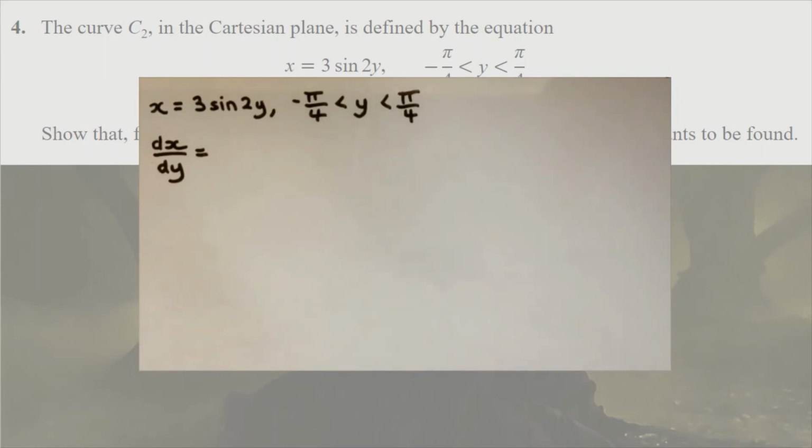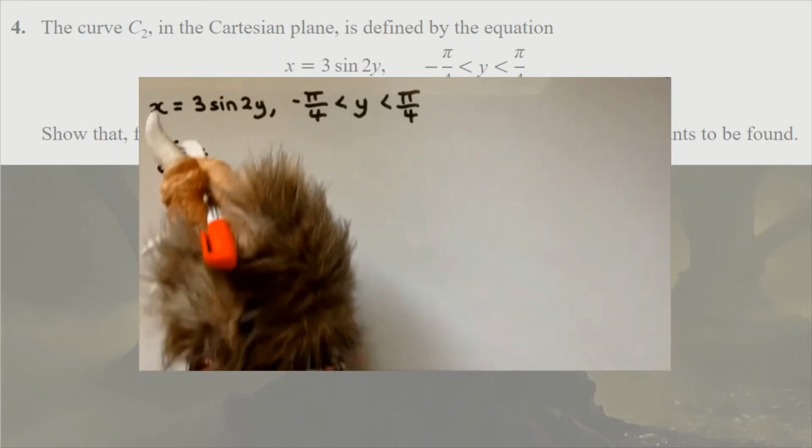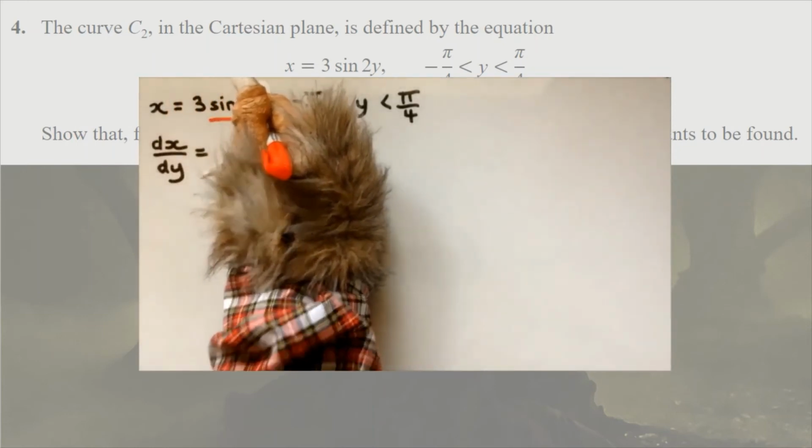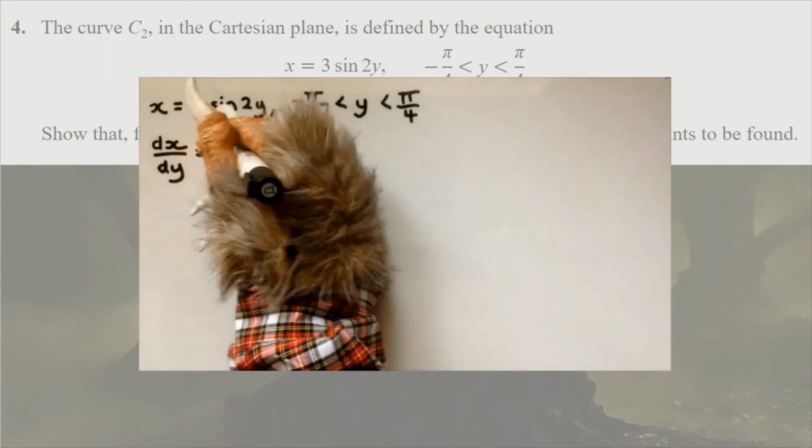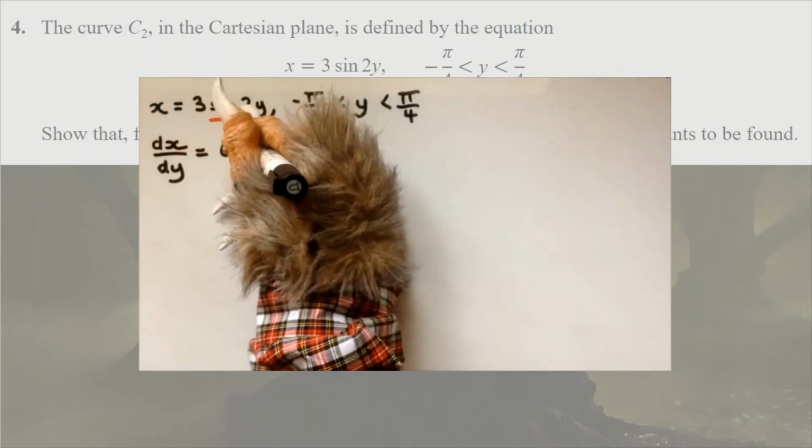Alright, so if we differentiate sine of 2y, which we have here, this is going to give us 2 cos 2y, and because I've got the 3 at the front, this is going to be 3 lots of 2 cos 2y, so that's going to be 6 cos 2y. It's a standard result, really.